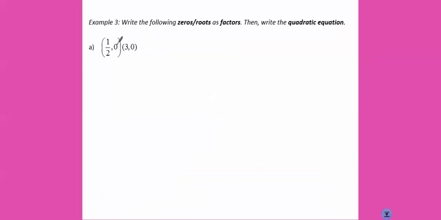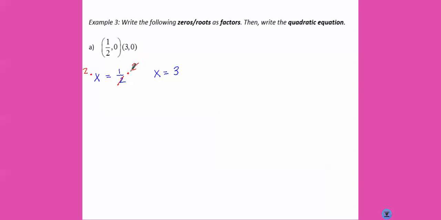So here we're given the zeros or the roots. We're going to write them as factors, then we're going to write the equation. So if I have x equals 1/2 and x equals 3. Now in our factors, we're not going to have fractions. So to get rid of this fraction, I'm going to multiply both sides by 2.